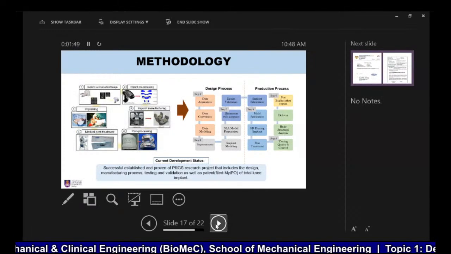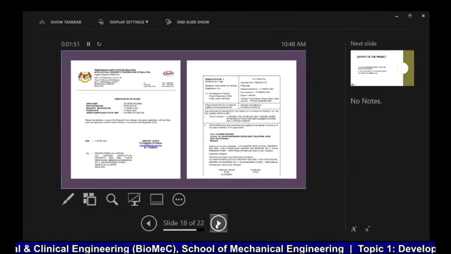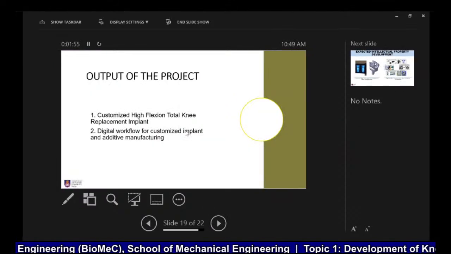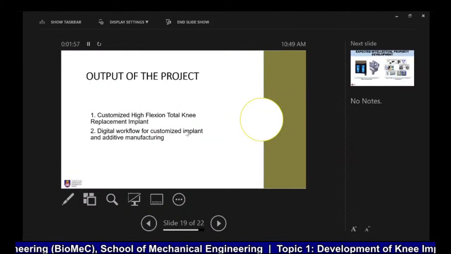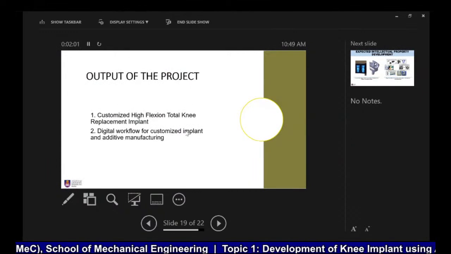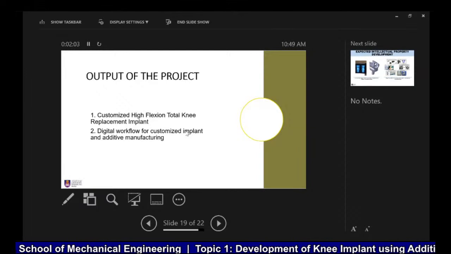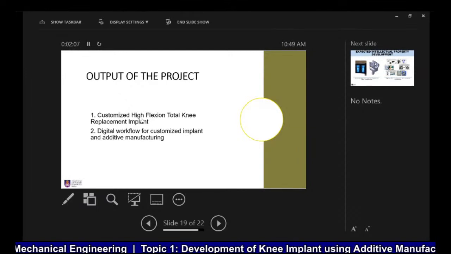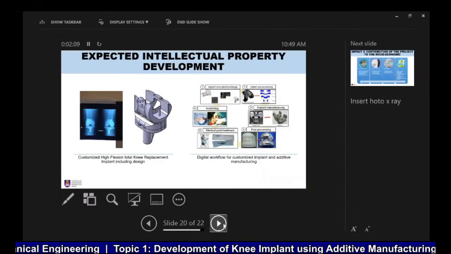This is the methodology. As before, I don't want to elaborate more. This is the certificate of filing, and then the output of the project. The output is customized, patient-specific implant, that's your selling point, and number two is the digital workflow. Those two are our novelty.